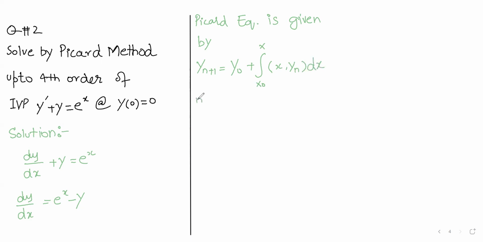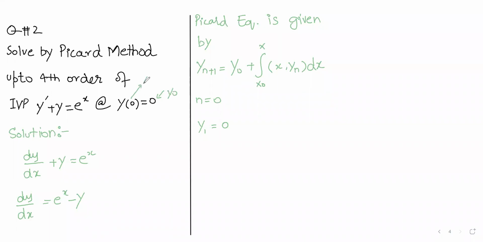So put n is equal to 0. Our equation will become y1 is equal to y naught. What is the value of y naught in here? It is again 0. This is y naught.